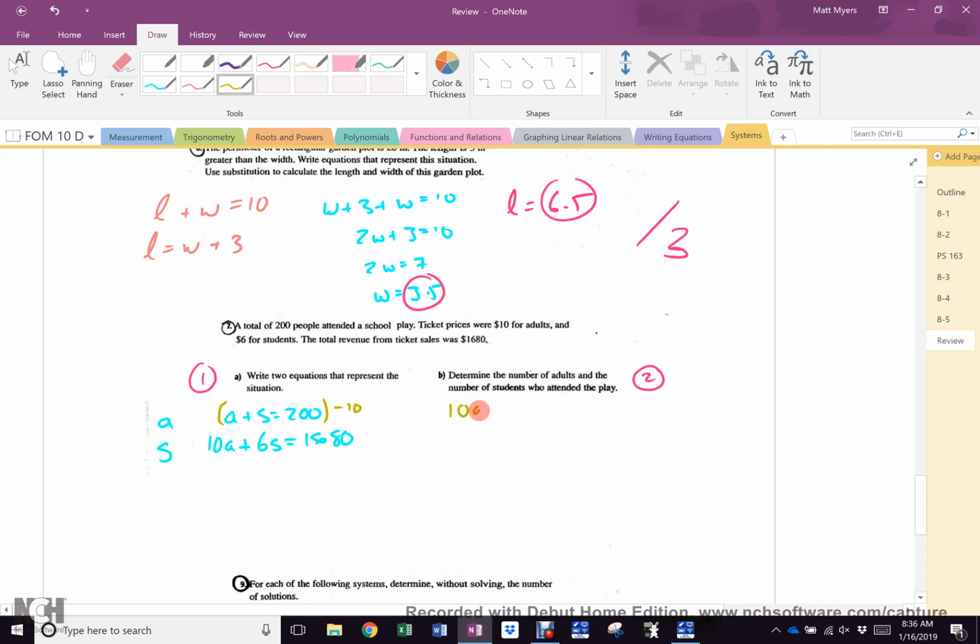So I've got 10A plus 6S equals 1680, and negative 10A minus 10S equals negative 2000. Then I'm going to add them together. Negative 4S equals negative 320. S equals 80. Once you have S being 80, you know that A equals 120.